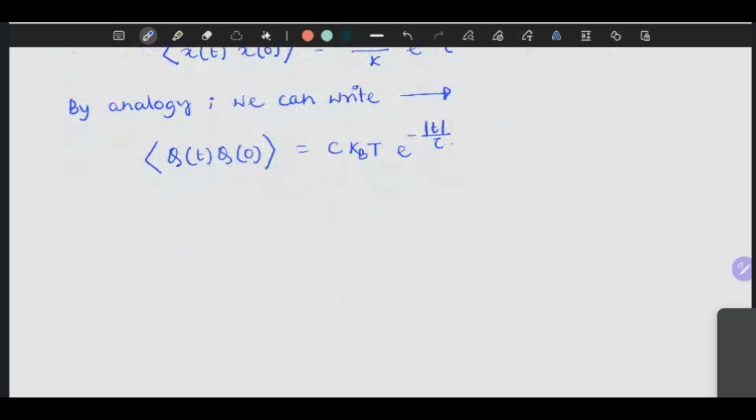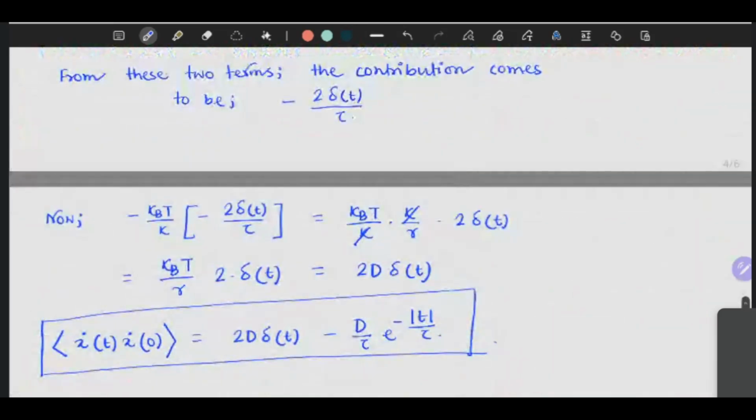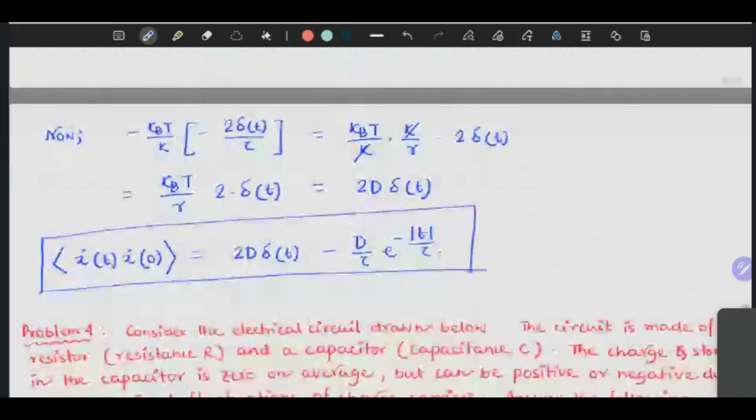Okay, now we just calculated this x dot t, x dot 0 is 2 kBT by gamma delta t, and this thing.